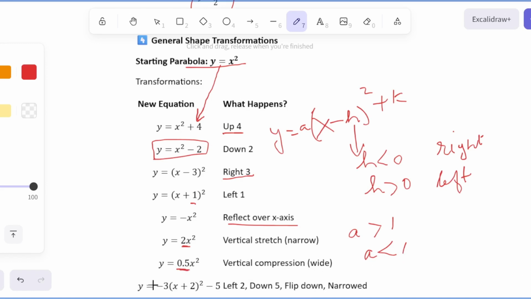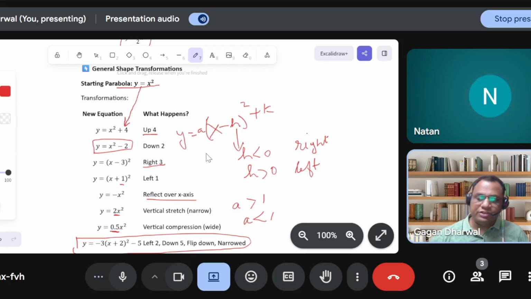And if you combine all of them, that is y equals minus 3 times x plus 2 square minus 5. This means it's a downward facing parabola with a vertical stretch, because here we have a 3, and it's towards the left because the value of h is positive, which is 2 here.